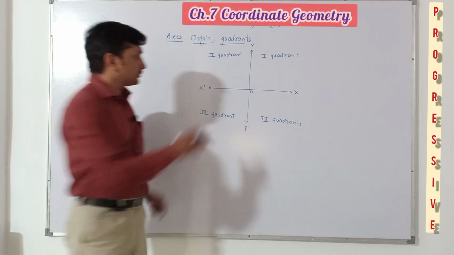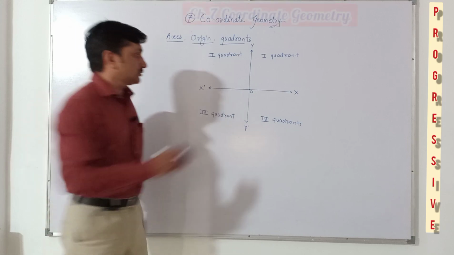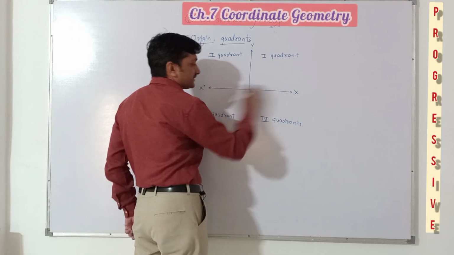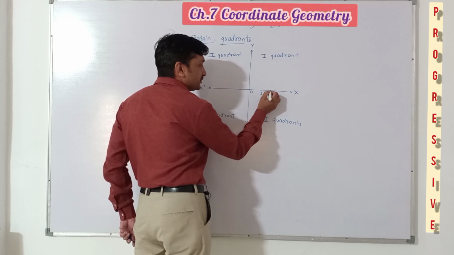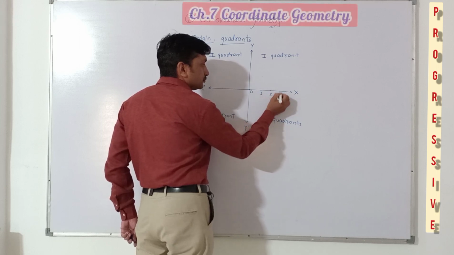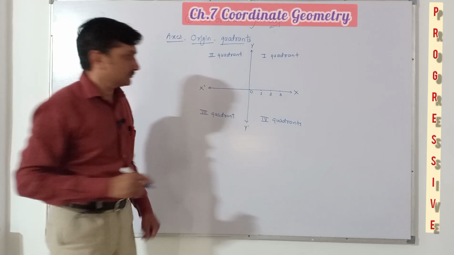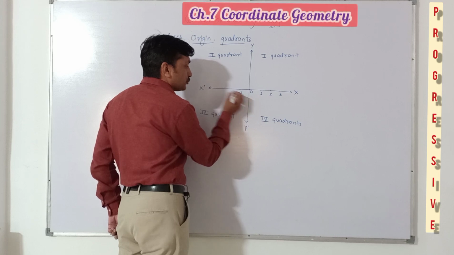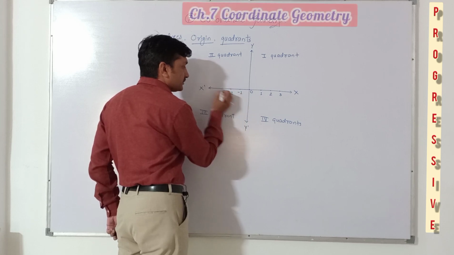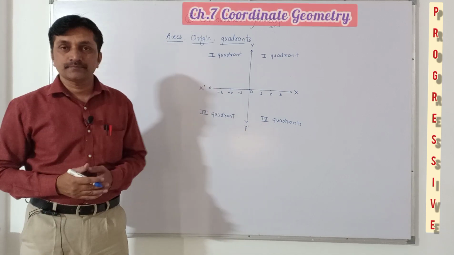Now we know that when we draw a graph, in last year in 8th standard, we studied on x-axis right side, we represent positive numbers 1, 2, 3, 4, so on. On left side, we write their opposite numbers, negative integers, -1, -2, -3 and so on.